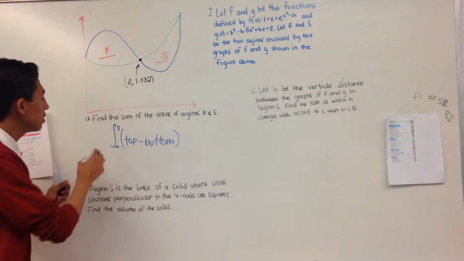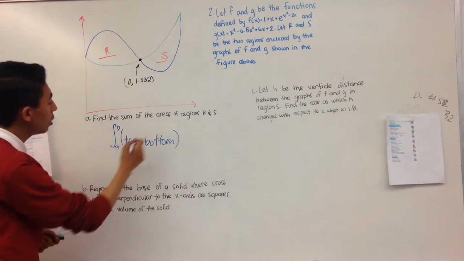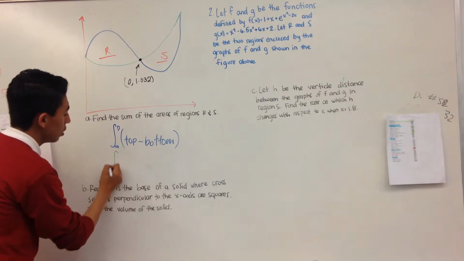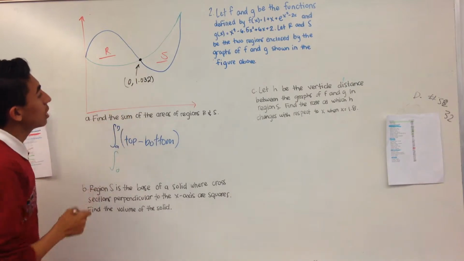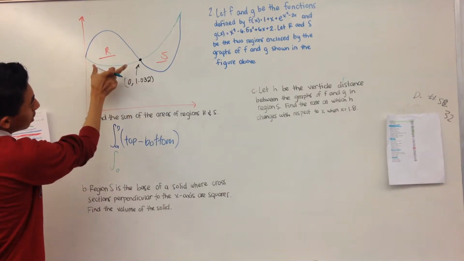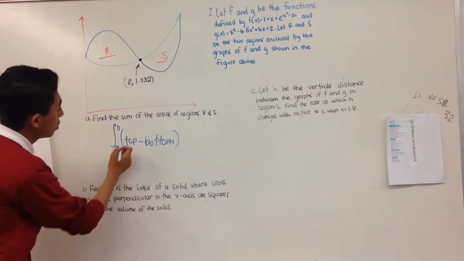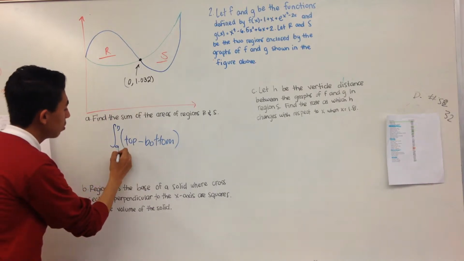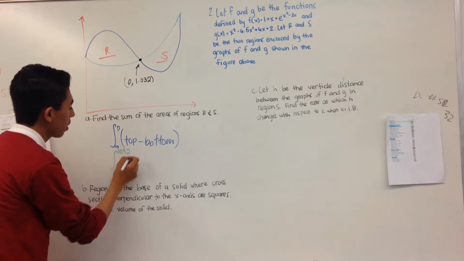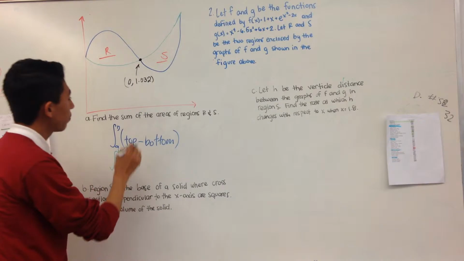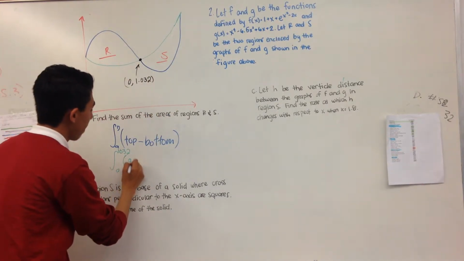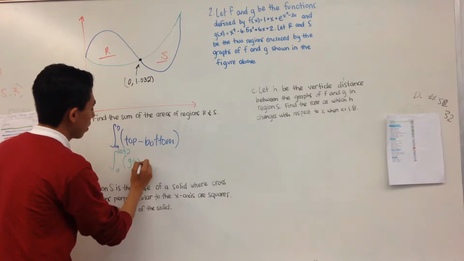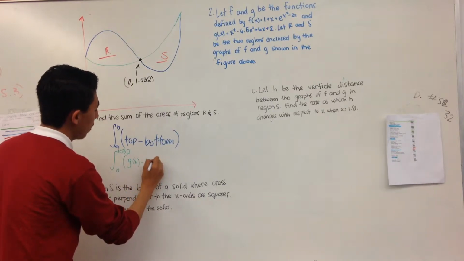So to find the area for region R, you do the integral from 0 to the intersection point, because it's this region we're trying to find the area for. It'd be 0 to 1.032 of the top function, g of x, minus f of x.